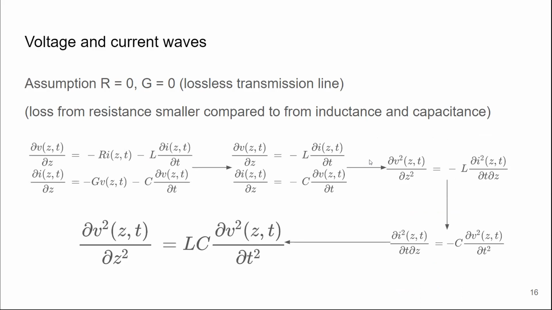So we considered a case where we assume that the series resistance and the parallel resistance are almost zero, right? That means in our transmission lines, there could be a situation where the resistance is almost zero, meaning the lines that we are using are very highly conducting wires.